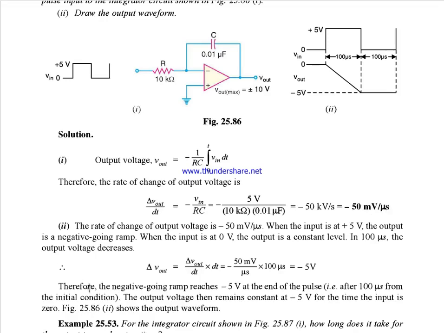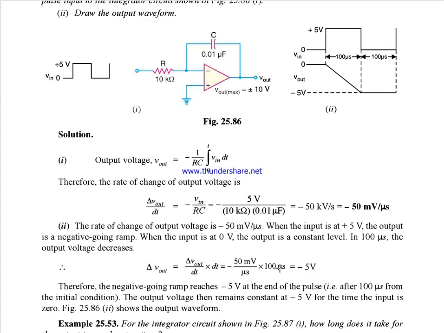I will tell you why I am writing like this. Okay, so dVout by dt is equal to minus Vin by RC. Then Vout will be minus 1 by RC integral Vin dt, that is minus 1 by RC into Vin, which is 5 volt, into dt, which is 100 microsecond. Then the output voltage will be minus 5 volt.